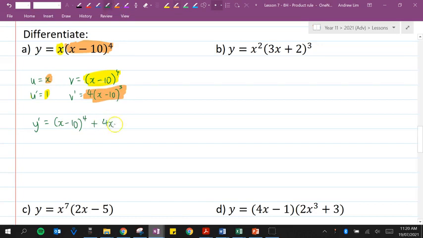So that's 4x lots of x minus 10 cubed. Now I'm just going to tidy this up because I can see that I can factorize out an x minus 10 cubed. So I'm going to bring that out to the front, x minus 10 cubed. That leaves me with an x minus 10 for the first term, plus 4x in the second term.